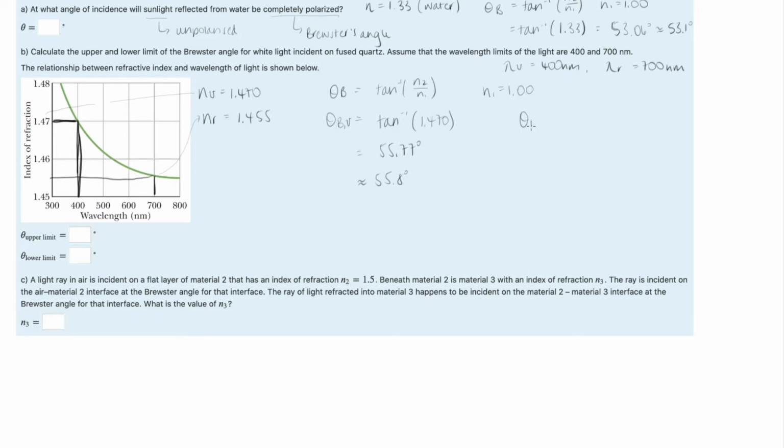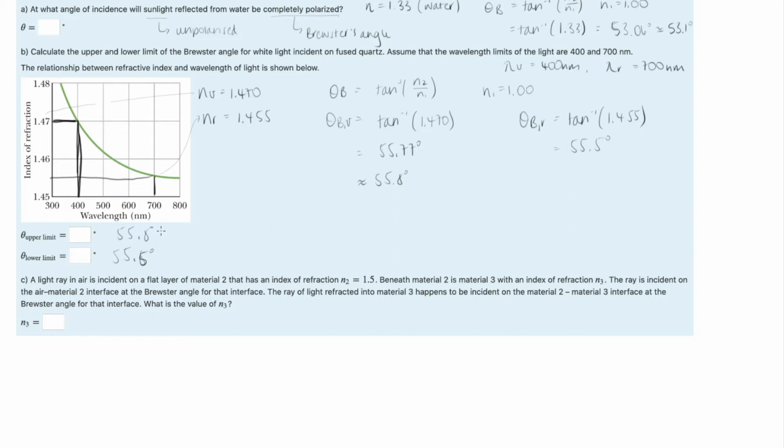And then for red, the refractive index is 1.455. And then when I do that, I get 55.5 degrees. Therefore, the lower limit is 55.5 degrees. The upper limit is 55.8 degrees. Okay, cool. That's the answer to part B.